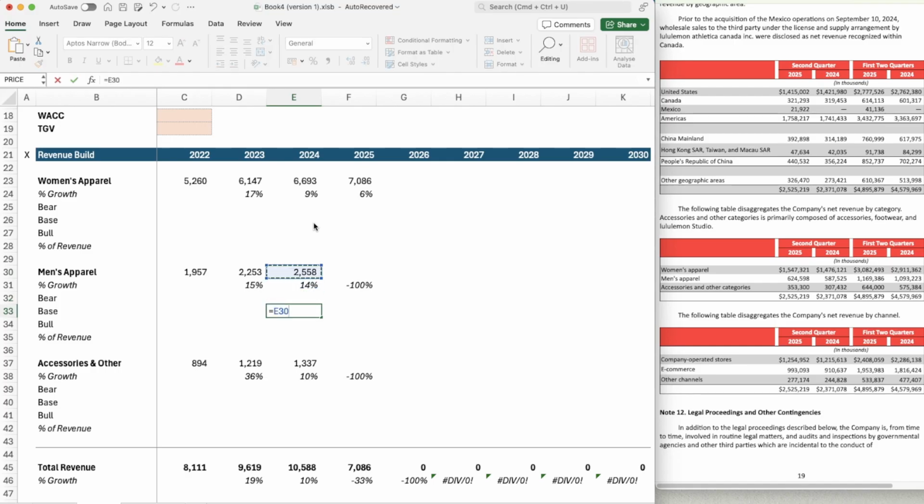Equals 2558 divided by 1093.223. Sorry, one sec. Why did that not work? 1093.223, 2.34, 1169.386 multiplied by 2.34.